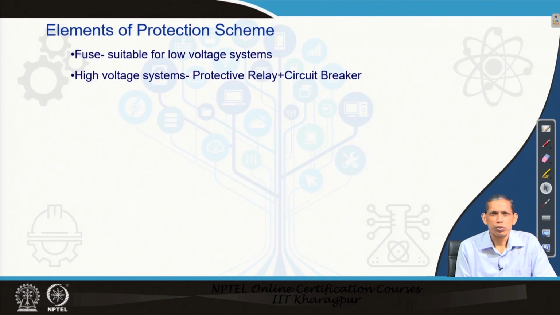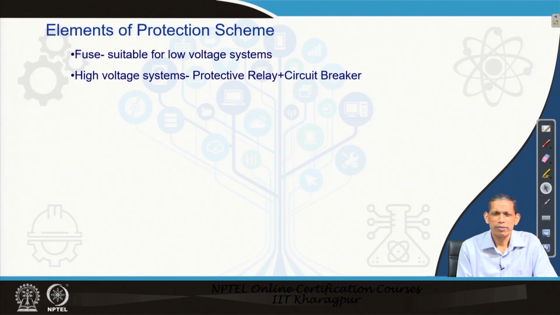Now, fuse is a very comprehensive, easy and cost effective solution for protection, but it has limitation in terms of current interrupting capability and therefore, it is not suitable for high voltage applications.